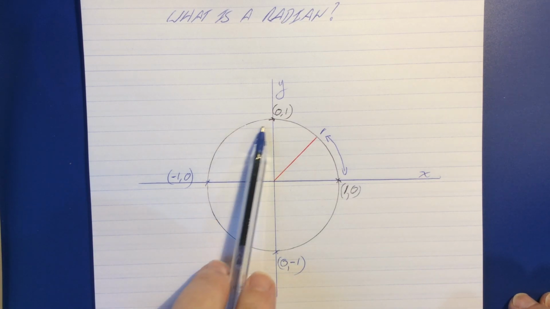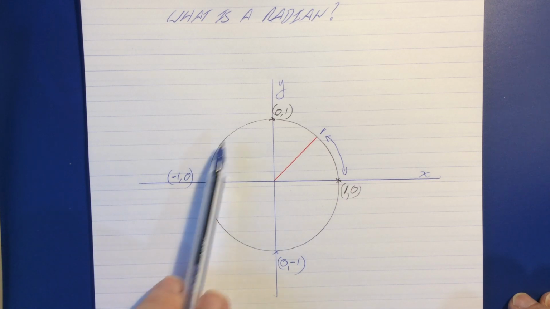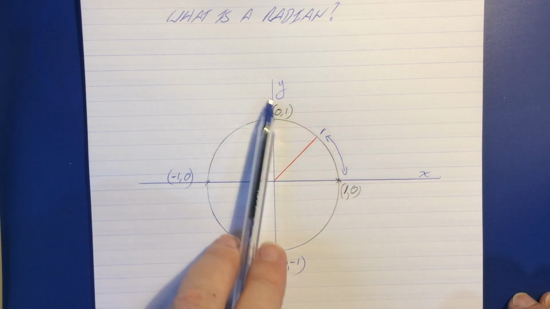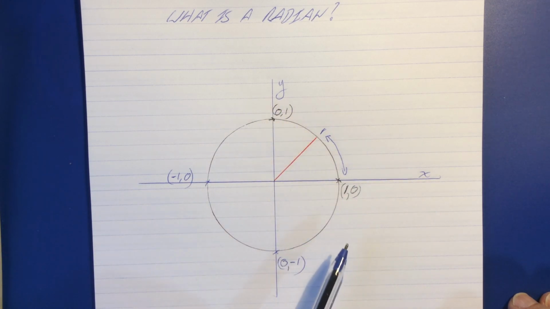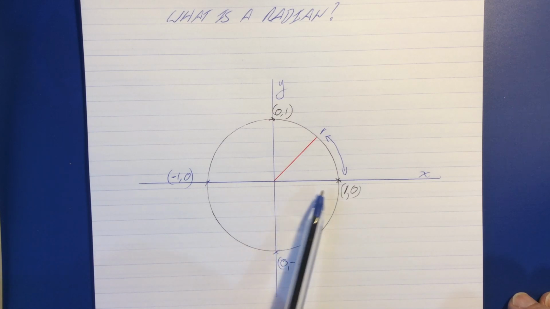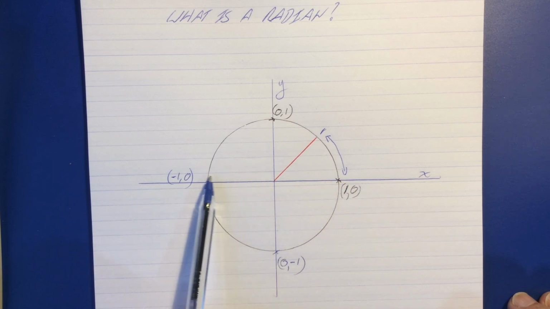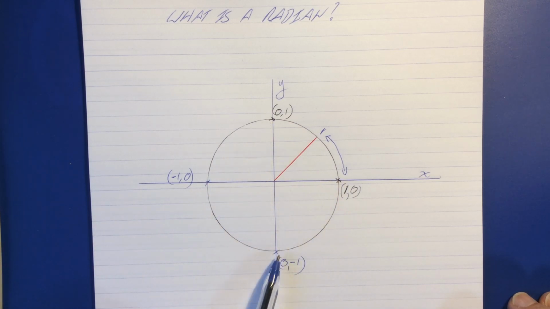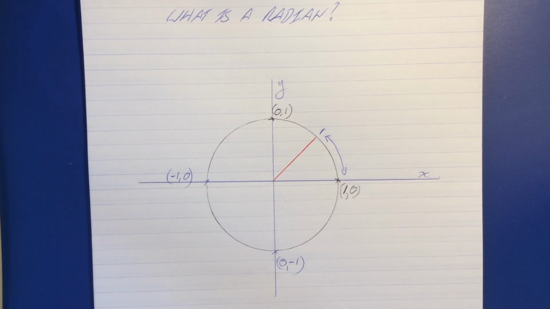So we start with what we call the unit circle, sitting on a Cartesian plane, and this unit circle has a radius of 1. You can see that all the points of intersection have a measurement of 1, and that's important.